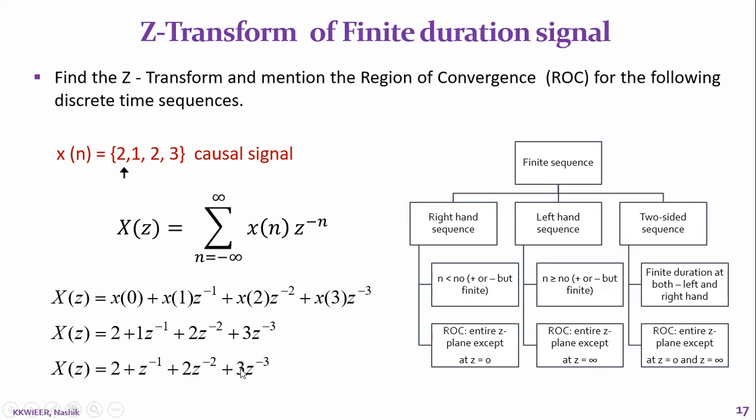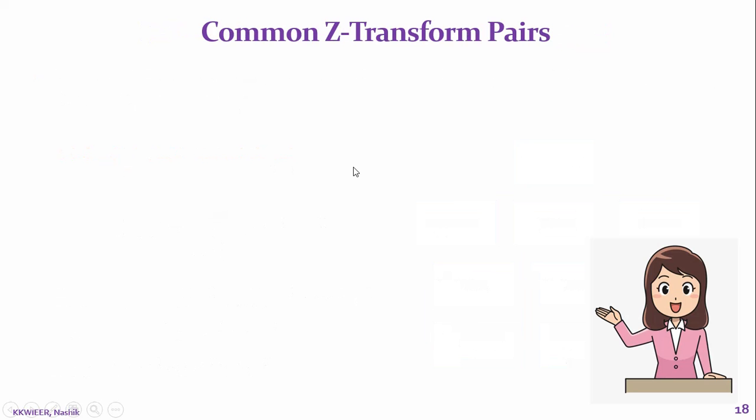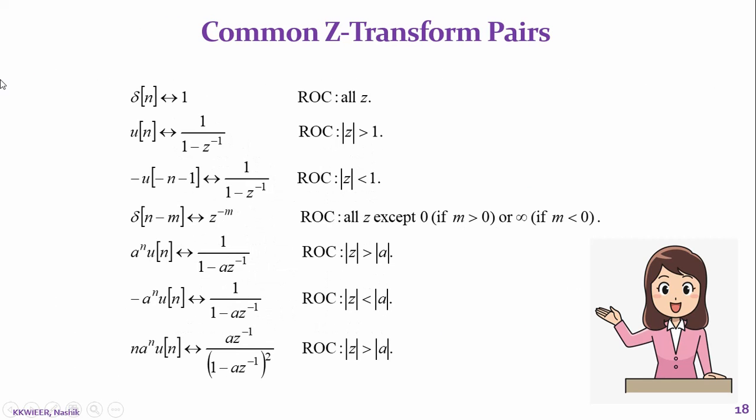So you will get the final x of z, the Z transform of this sequence. So similarly, you have to substitute the values of n according to the signal. Now these are some common Z transform pairs that you may need in solving the examples.